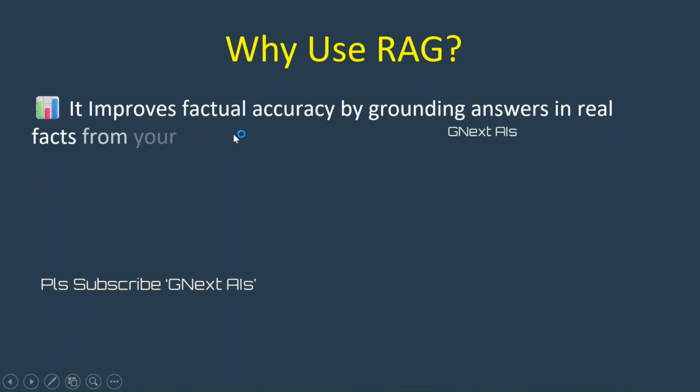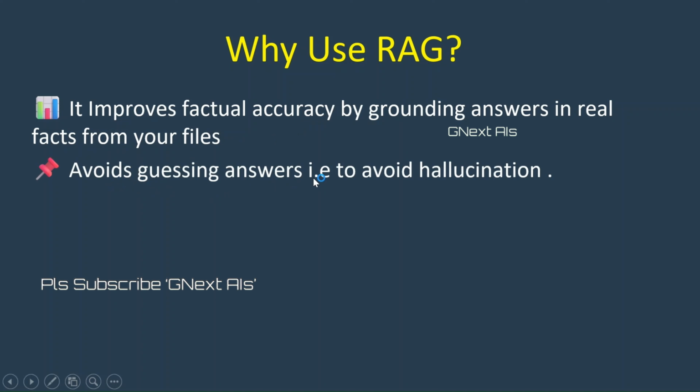So why would you use RAG? It improves factual accuracy by grounding answers in real facts from your files. The LLM is a generic one, but it will give priority to factual accuracy from the files, your project, whatever you have given. So it avoids guessing answers, which avoids hallucinations, right?